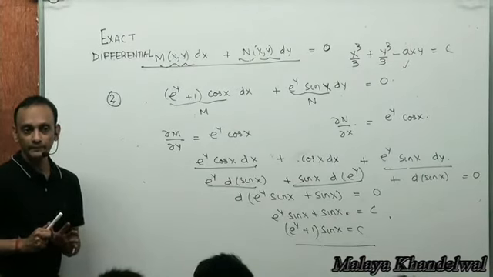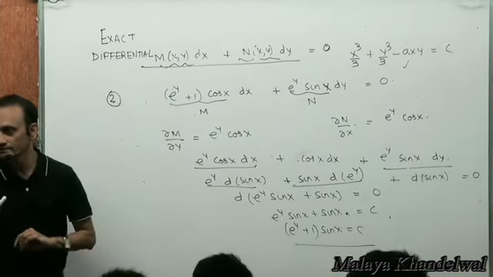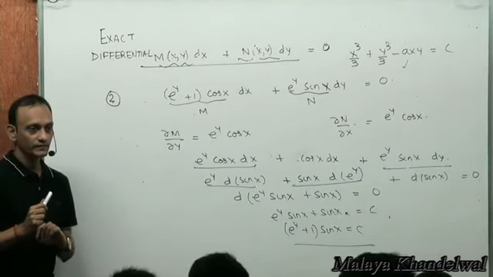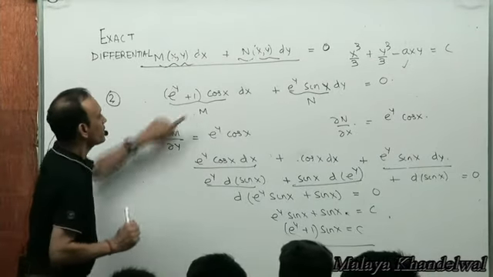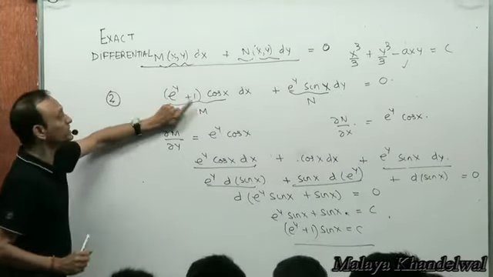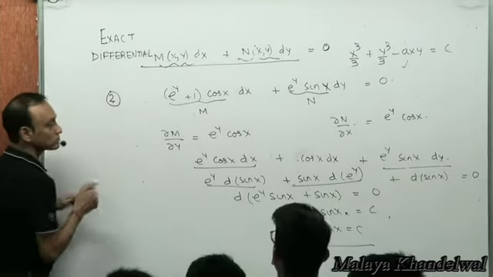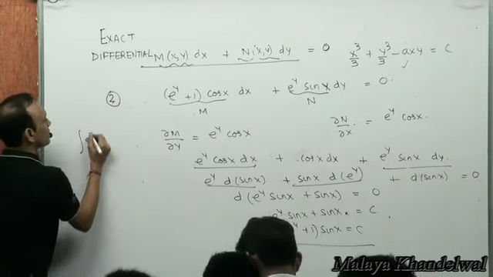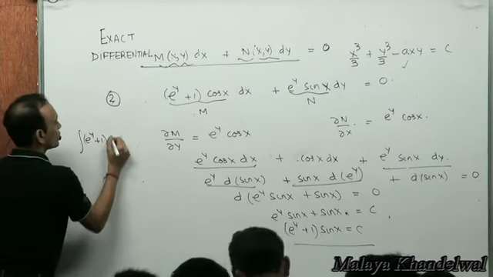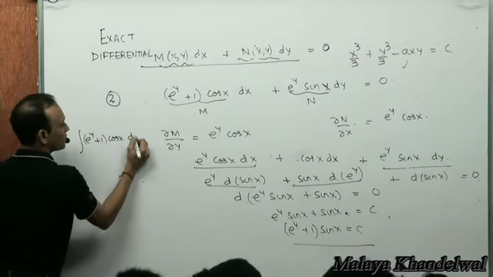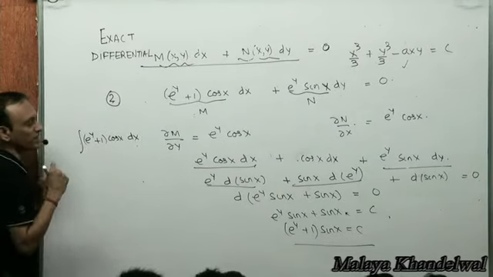Now let's go the illegal way. Integrate M with respect to x as if y is constant. Integral of e power y plus 1 cos x dx as if y is constant.